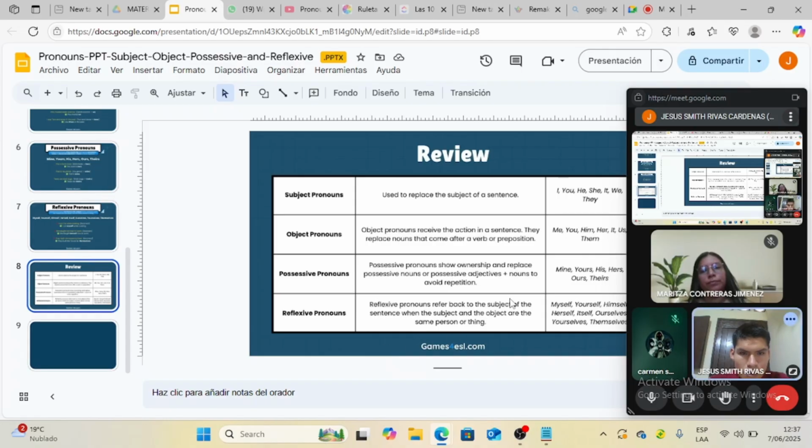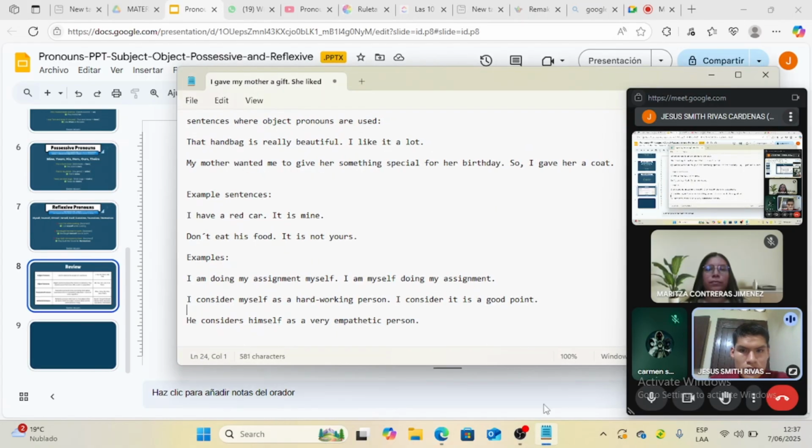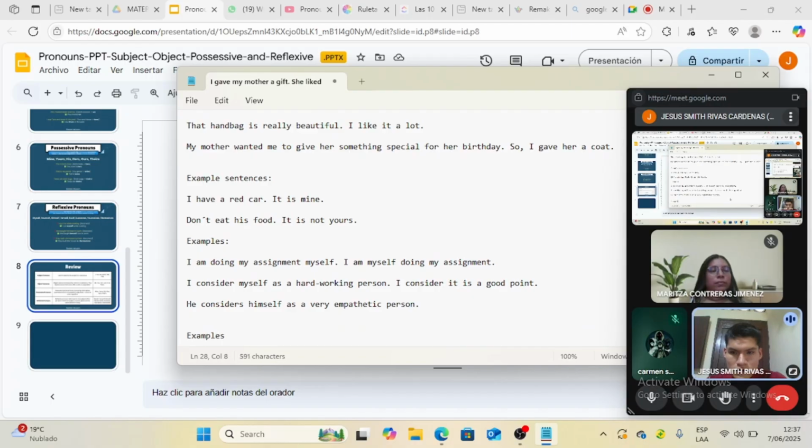Okay. Yes. I forgot to explain to you that object pronouns can also be used after a preposition. For example, examples.